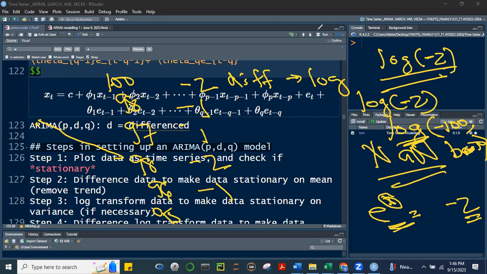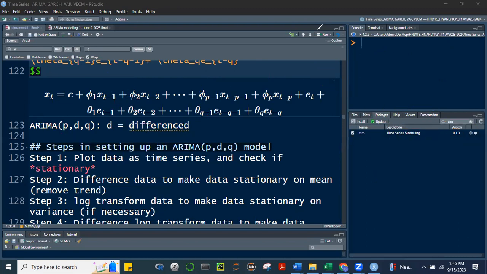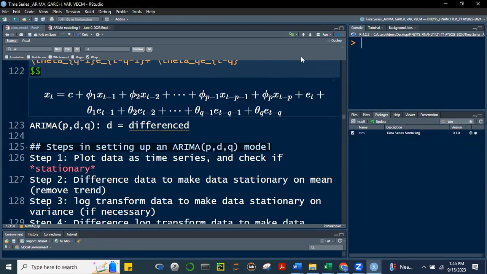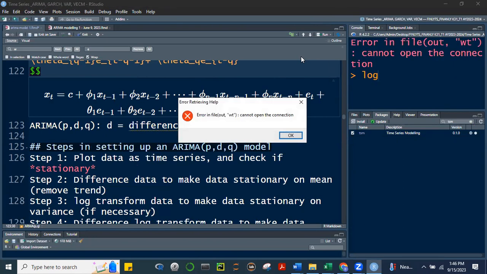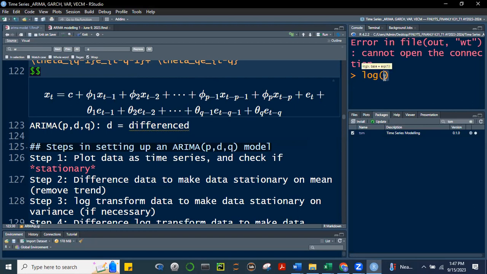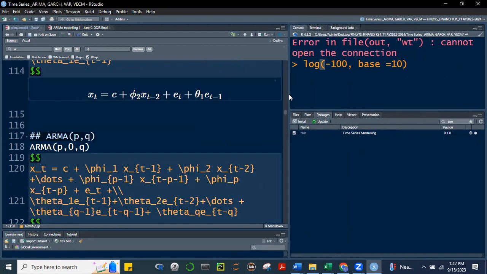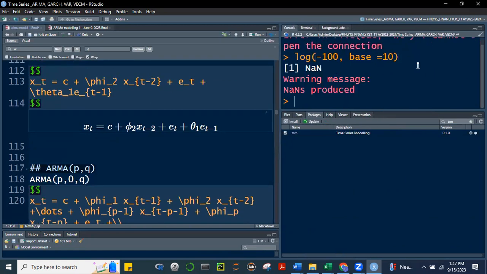What will I get out of that? Enter. Okay, this is not a number.